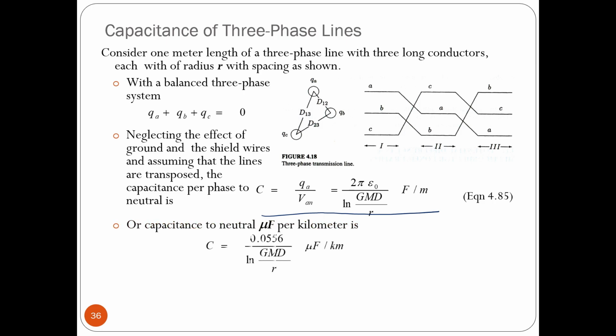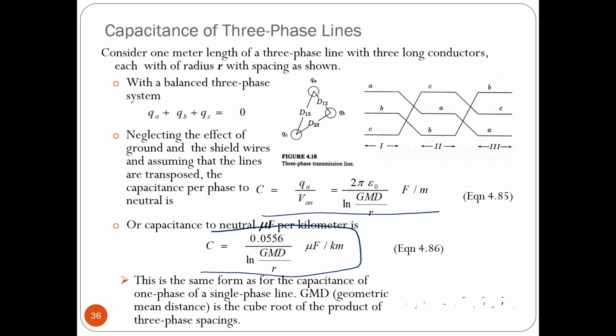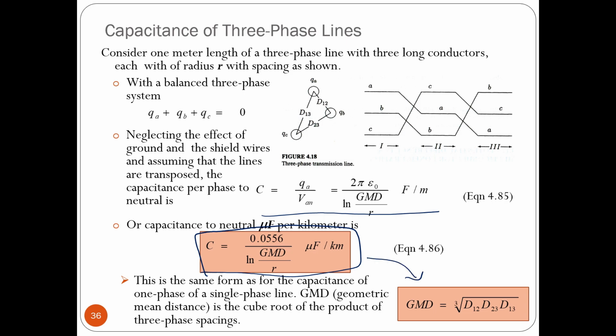Or in terms of microfarads per kilometer, it becomes equation 4.86. Notice that we have now introduced the concept of GMD, the geometric mean distance. GMD is similar to how we calculate the GMD for L, because it refers to the physical distances between the neighboring conductors.